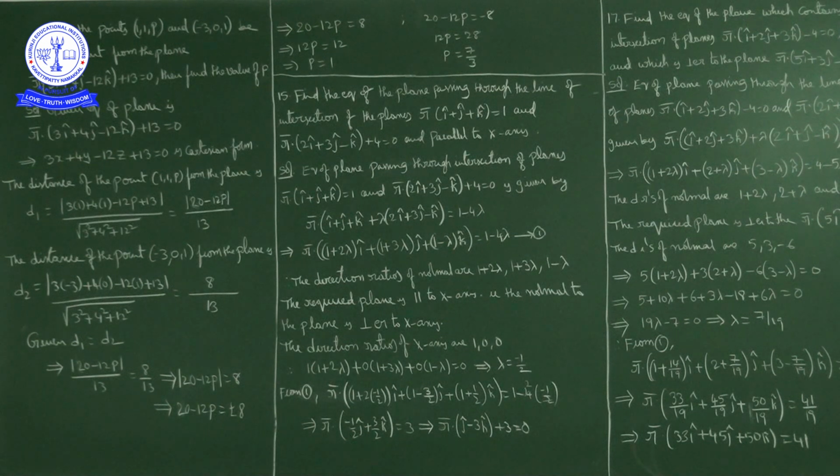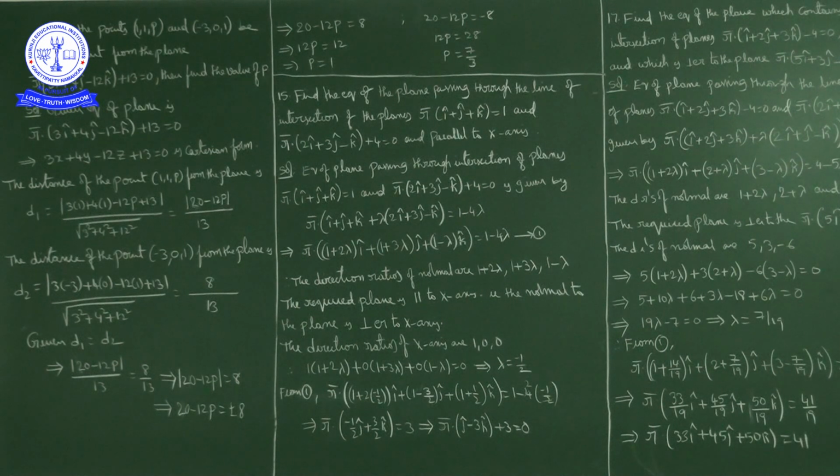Now what is given? The distances of these two points (1, 1, P) and (-3, 0, 1) from the plane are equal. So, the distance of the point (1, 1, P) from the plane. Now what we know: the distance of a point (x1, y1, z1) from the plane ax plus by plus cz plus d equal to 0 is the modulus of ax1 plus by1 plus cz1 plus d, upon the square root of a square plus b square plus c square.